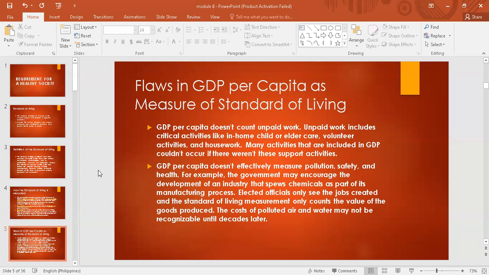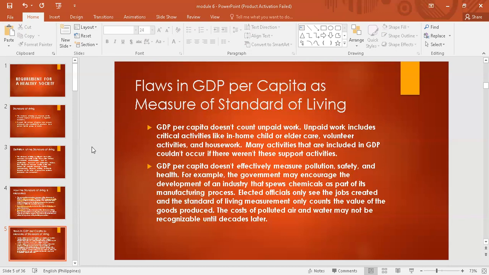So, in a healthier society, when it comes to measuring it in terms of GDP, hindi natin naisasama yung mga non-material characteristics ng standard of living. We only measure that in a particular nation, mataas ang GDP nila pero ang daming pollution. So, healthy ba yung society na yon?